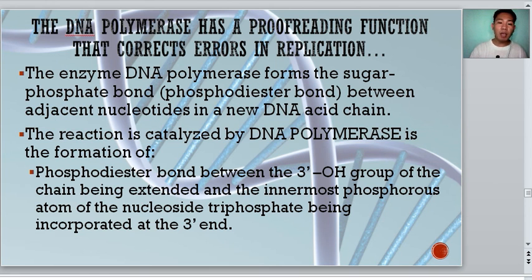The enzyme DNA polymerase forms the sugar-phosphate bond, or the phosphodiester bond, between adjacent nucleotides in a new DNA chain. The reaction catalyzed by DNA polymerase is the formation of a phosphodiester bond between the 3' hydroxyl group of the chain being extended and the innermost phosphorus atom of the nucleoside triphosphate being incorporated at the 3' end.